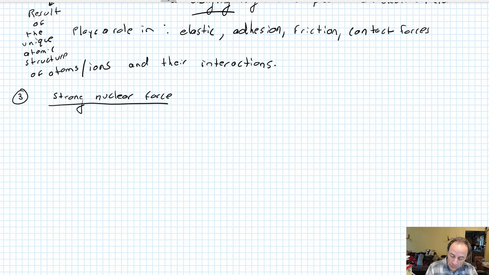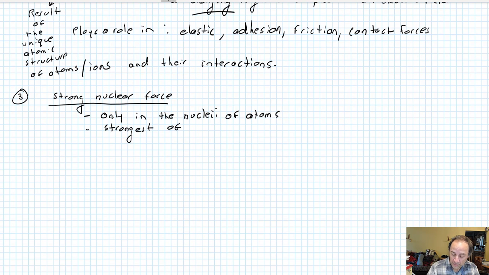A few key points to this one: it is only in the nuclei of atoms. It is the strongest by far of the four fundamental forces. It acts at very short distances.